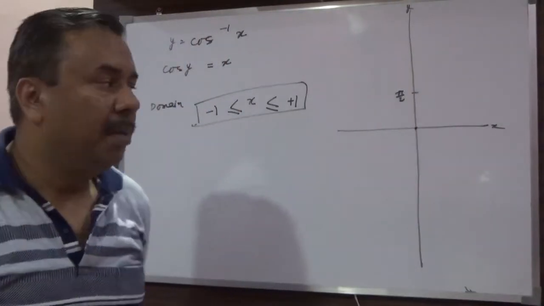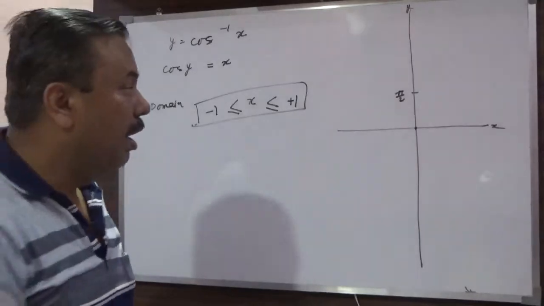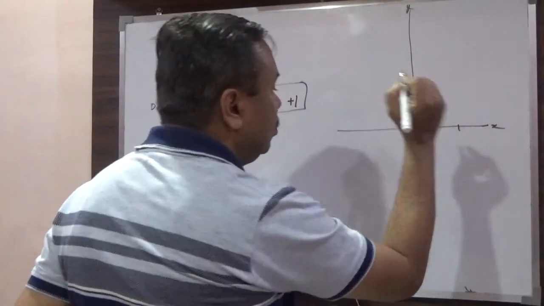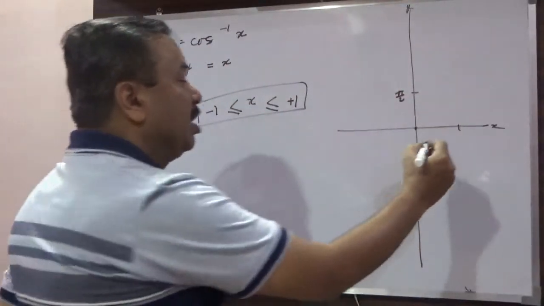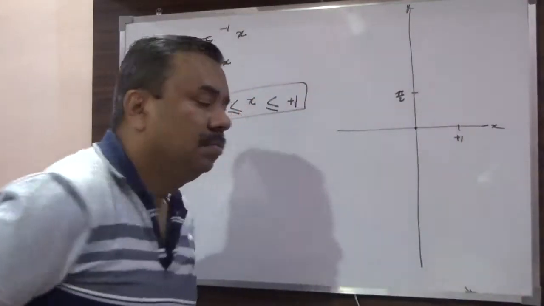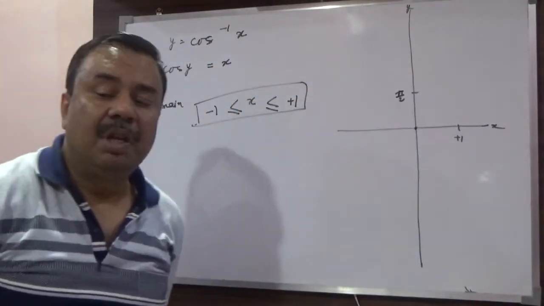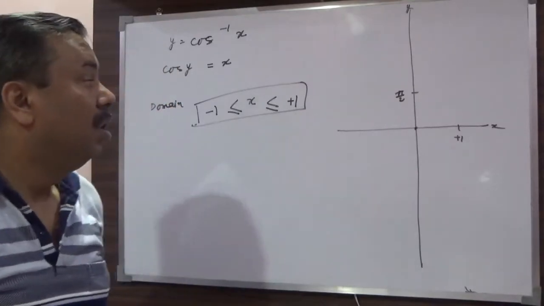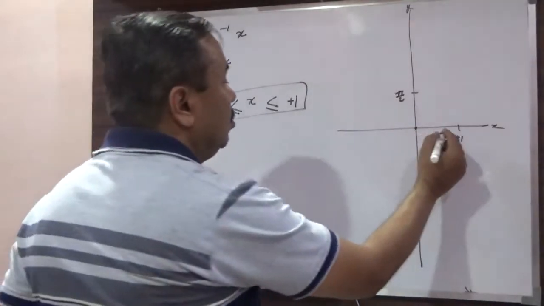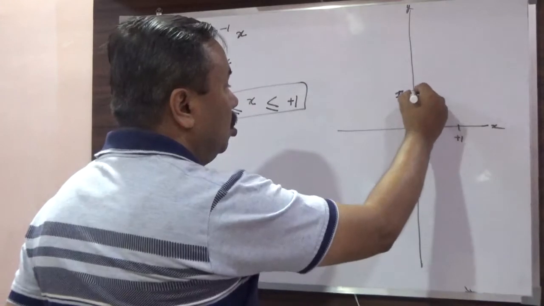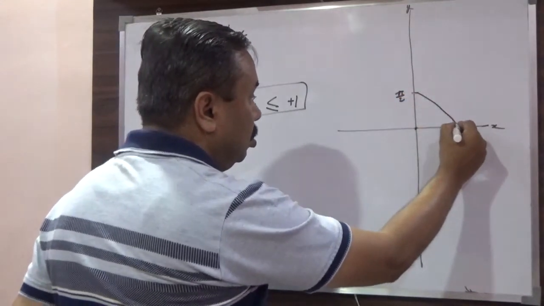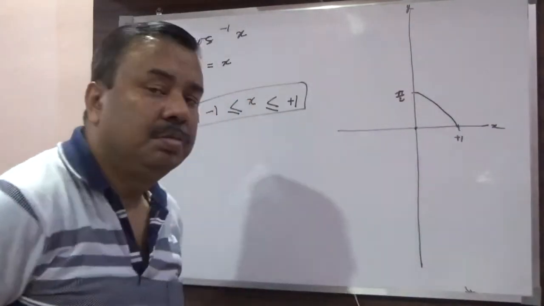Value of y will be pi by 2. Okay, when x is +1, what is the value of this? It is equal to 0.